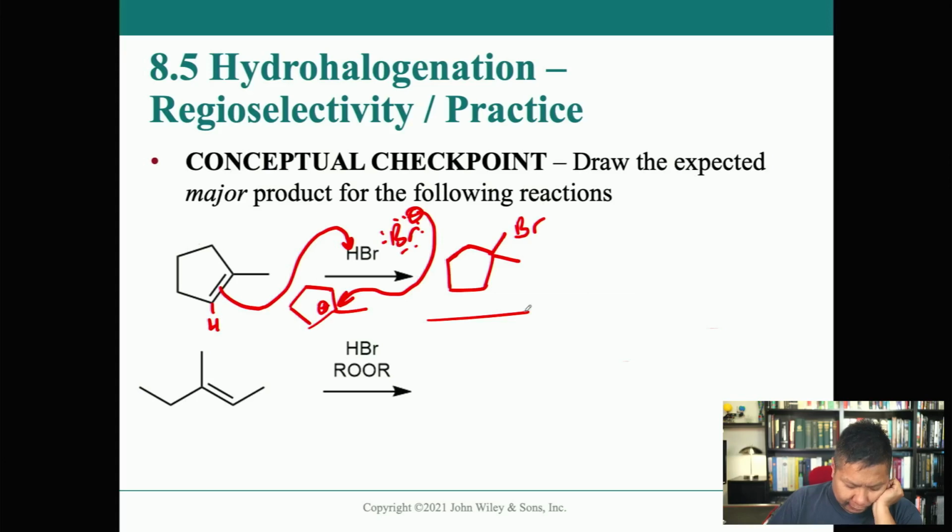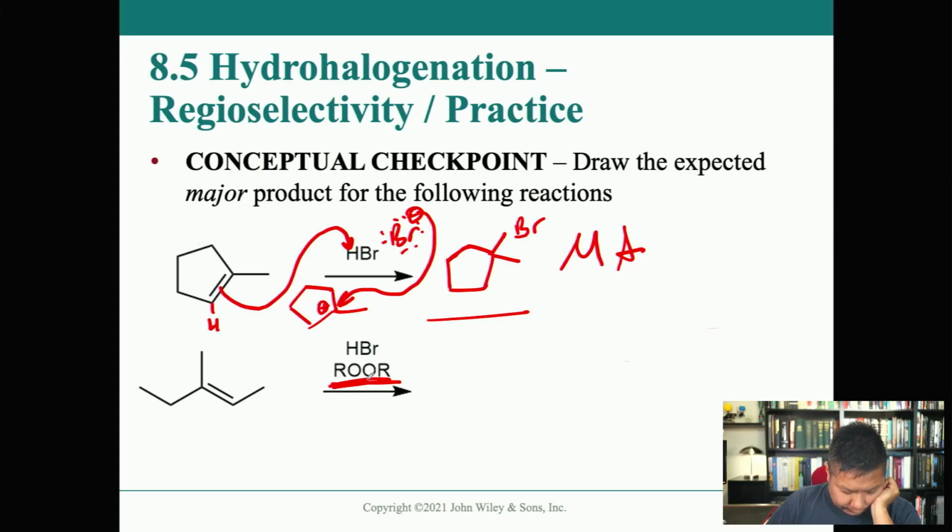That's my Markovnikov product, MA for short, Markovnikov addition. And then here we have the peroxide, so we know we're not going to do Markovnikov here. We'll do the anti-Markovnikov here.